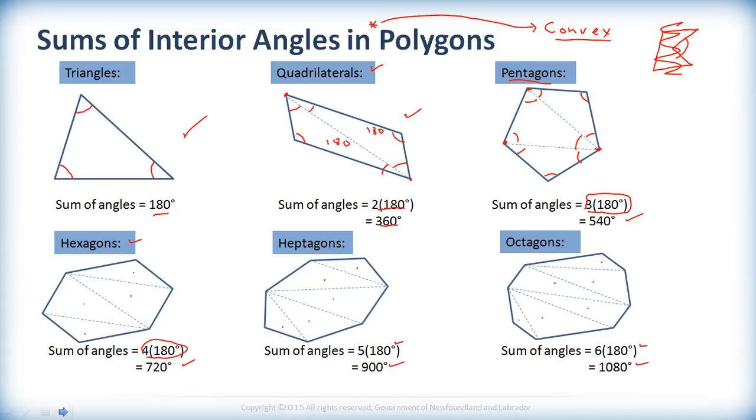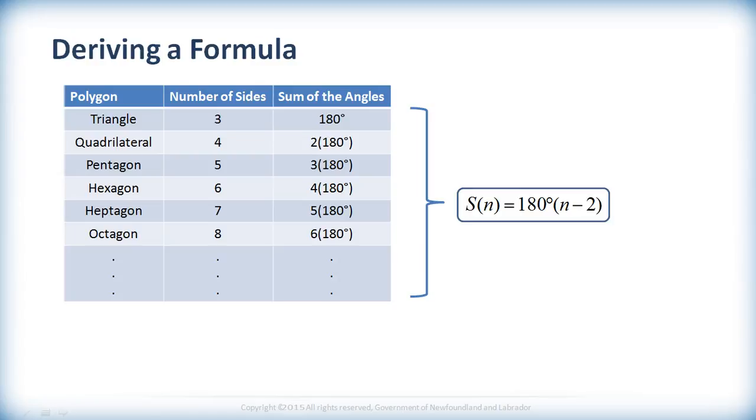Okay, so we can see that there's definitely a pattern. It's just about the number of triangles that we get. So let's see if we can make this pattern a little clearer. For a triangle, we had 3 sides, and it was just 180 degrees. For a quadrilateral, we had 4 sides, and it was 2 times 180. For a pentagon, 5 sides, 3 times 180, etc., all the way down here. So what we're really doing is we're just adding an extra 180 degrees every time. And notice the correspondence between the number of sides that you have there.